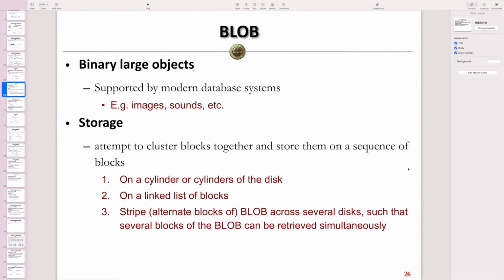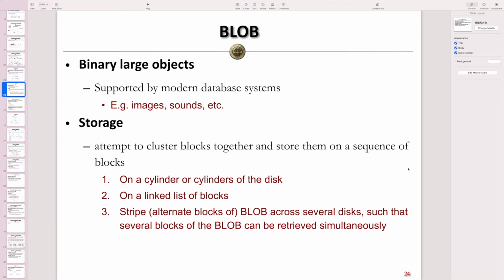To store these kinds of large-scale objects into blocks, we can use different approaches. We can cluster the blocks together and store them in a sequence of blocks. For example, we can store them on a cylinder or cylinders of the disk.